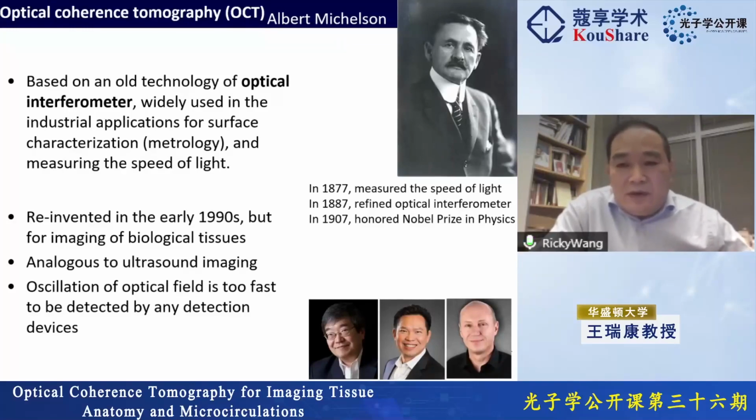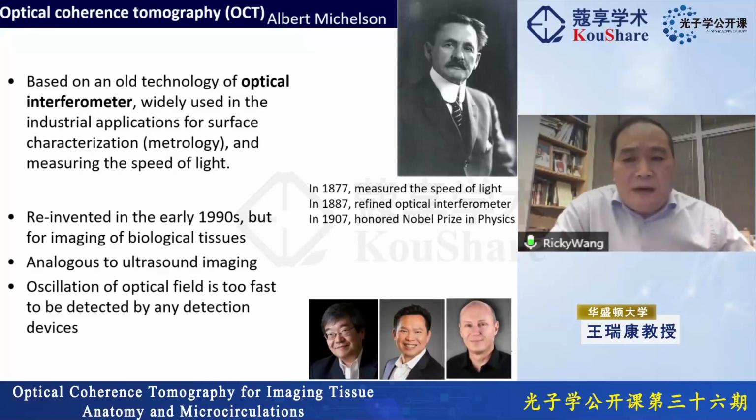If you want to look at the list of the Nobel Prizes over the last 150 years, you can count them. In fact, more than 15 Nobel Prize winners were really based on his technology. And this is actually the Michelson interferometer.